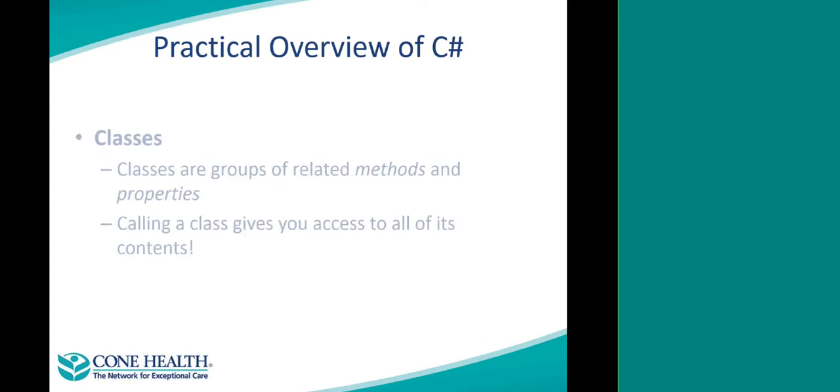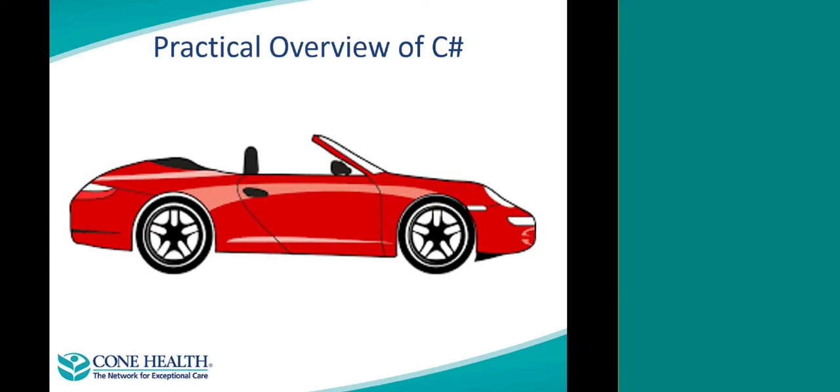Just to go into a little more detail with classes, classes are groups of related methods and properties, a group of related code, if you want to think of it that way, that when you call it, you get access to all of its contents. And a class in this context can be thought of as a car. It's one unit, but it has different elements to it. It has properties.